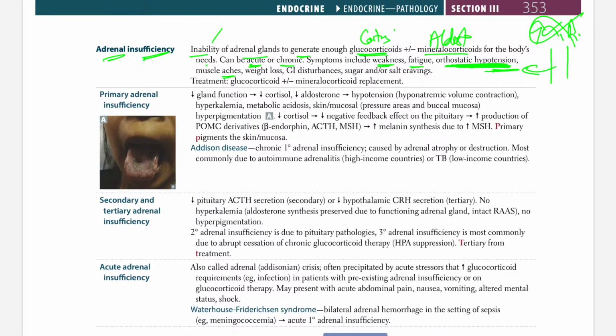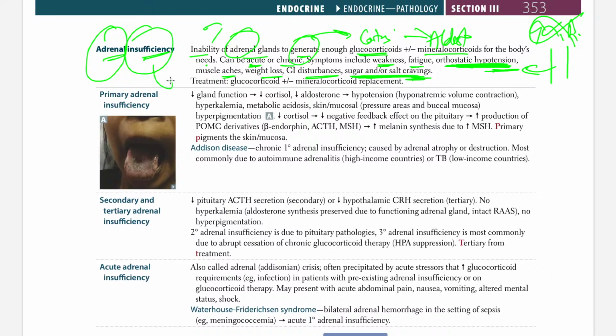Also muscle aches, weight loss, GI disturbances, sugar or salt craving, again high yield. These patients are going into sugar or salt cravings. And again, what is this? It's adrenal insufficiency. The adrenals cannot make enough cortisol or aldosterone. With that, let's look at the treatment.